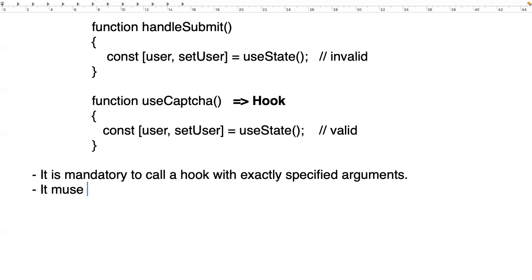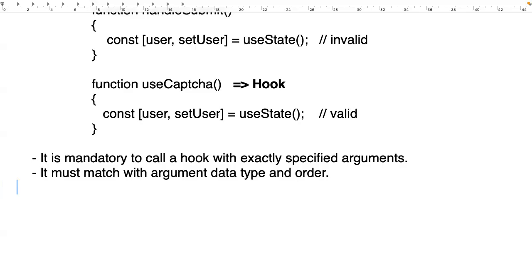It must match the argument type, data type, and order. Order is also important and data type is also important. What type of data it is expecting, you have to send the same.